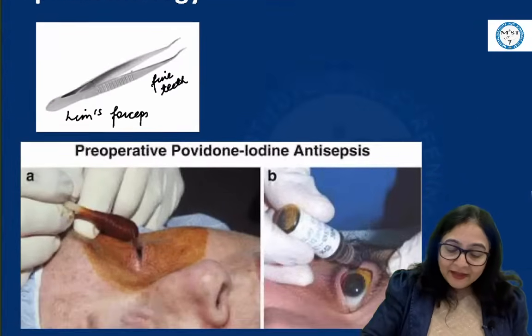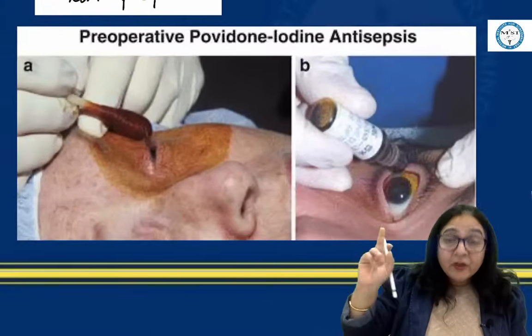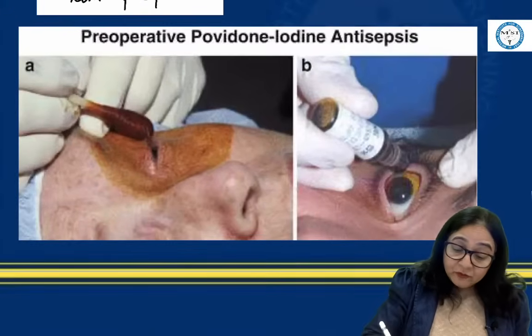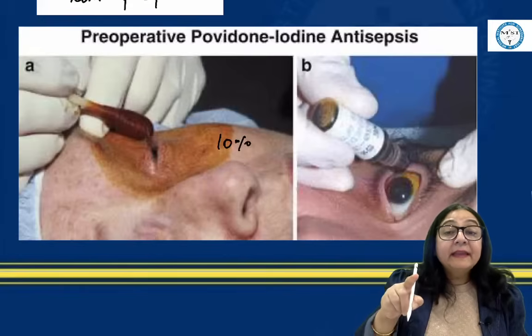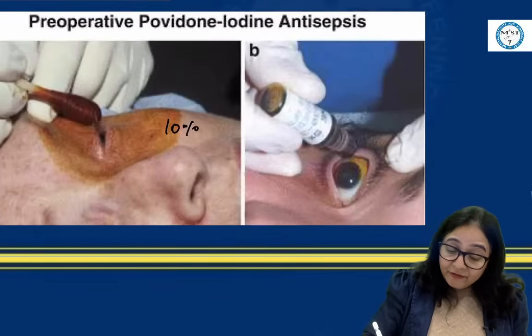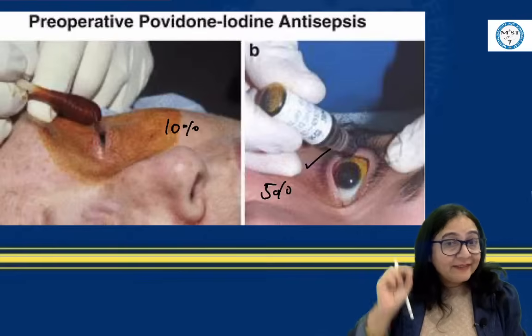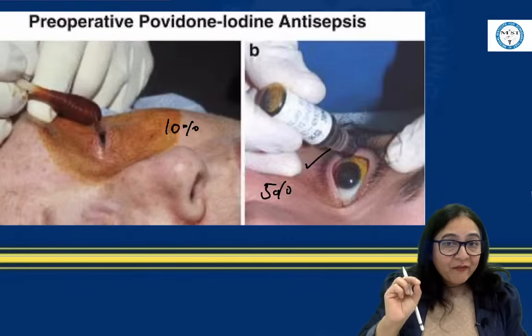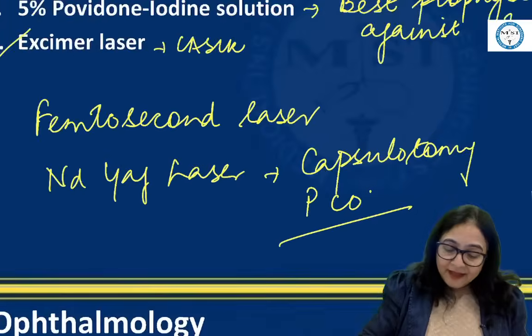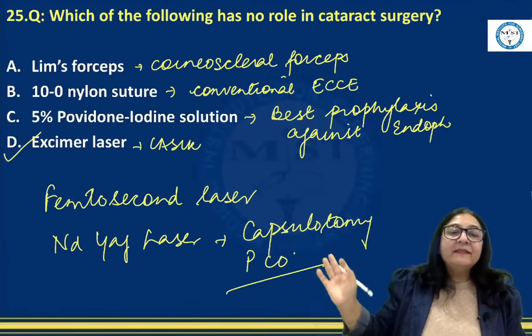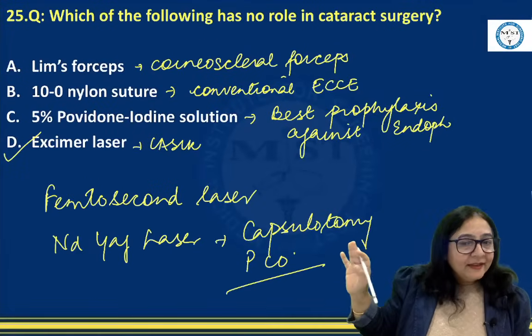As I told you, preoperative povidone iodine antisepsis: a 10% solution is used around the skin area, and a 5% solution is put in the conjunctival sac. That is the best prophylaxis against endophthalmitis. Excimer is for LASIK.